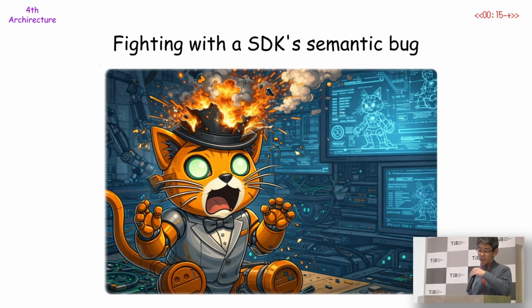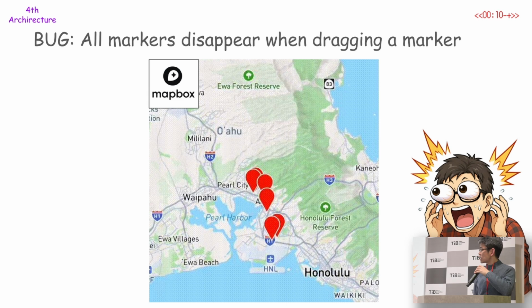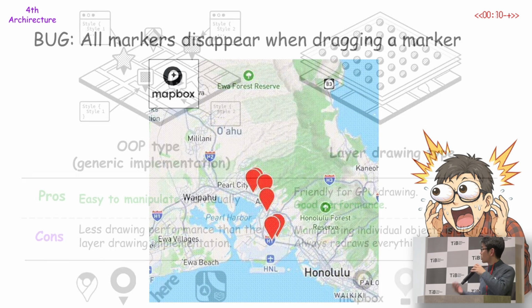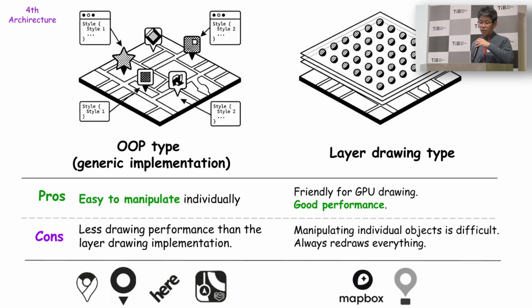I also had a last fight with the semantic part. I just wanted to drag a marker on Mapbox, but all markers suddenly disappeared. The reason is most map SDKs use an OOP type, so you can manipulate each marker. However, Mapbox and the map library use a layer type, which is very good for GPU.